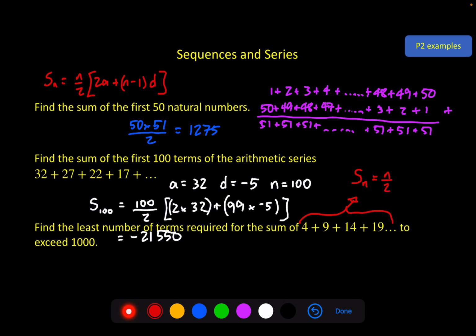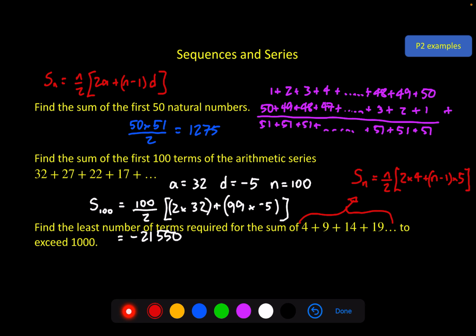We don't know how many n is because we don't know how many terms are required. Times 2 times the first term, which is a 4, plus n minus 1. Again, we don't know what n is yet. That's the question. Times d, the common difference, which is positive 5.